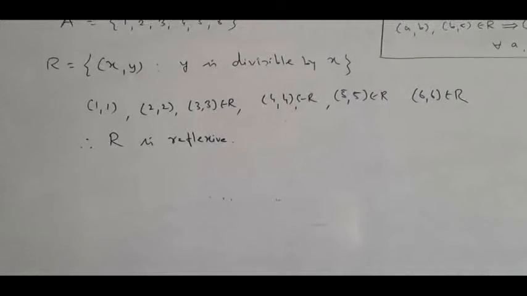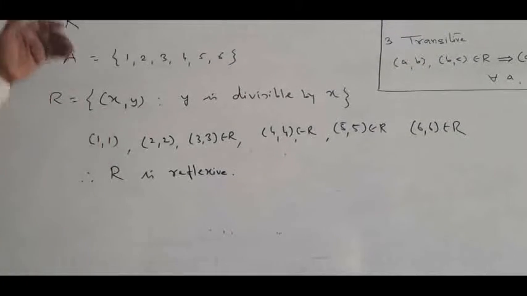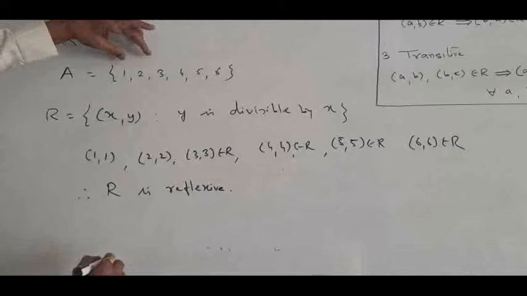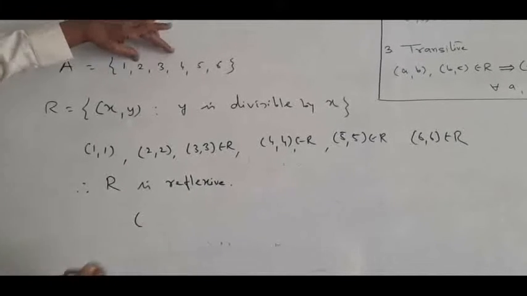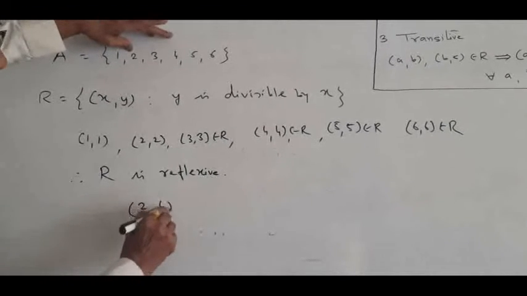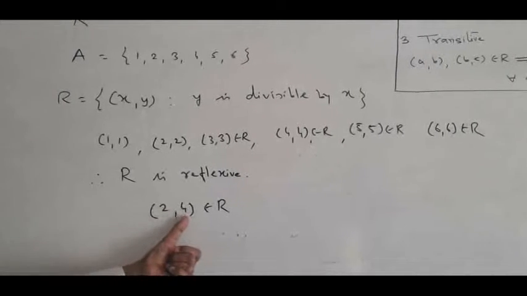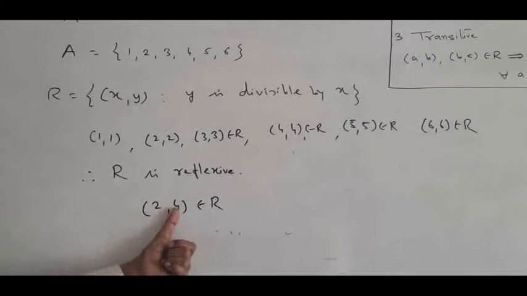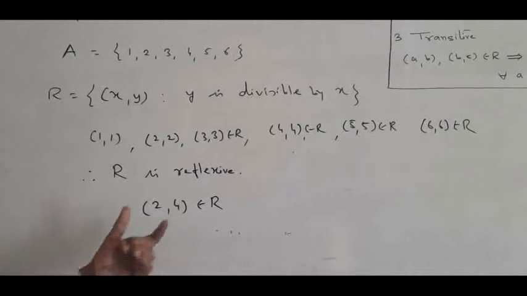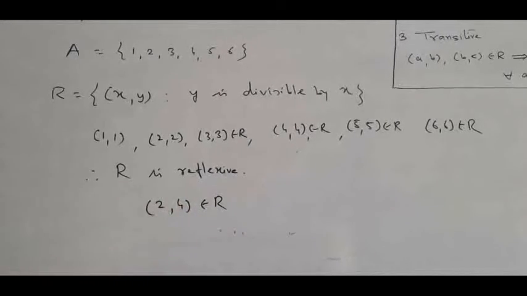Now here (2, 4) belongs to R because 4 is divisible by 2.